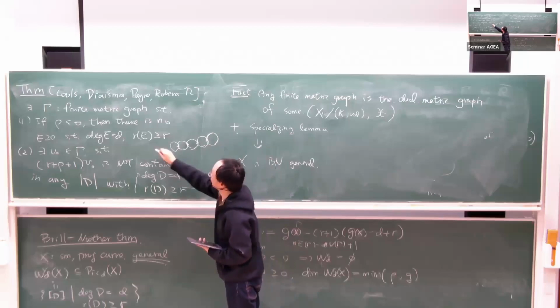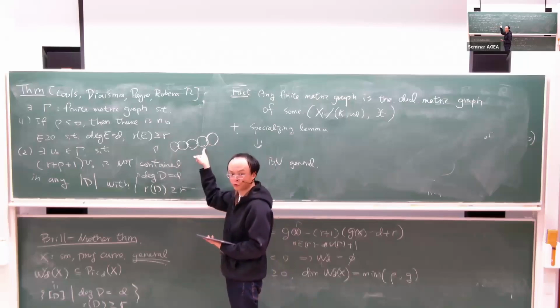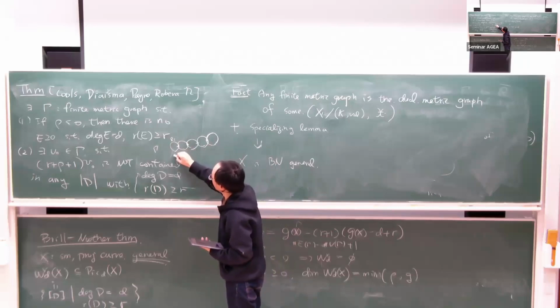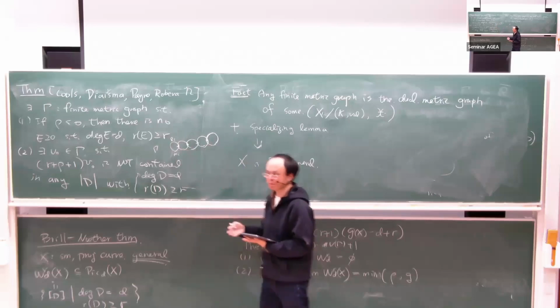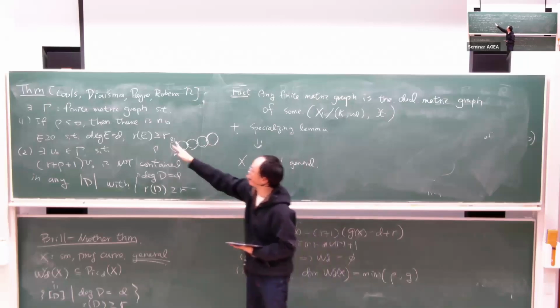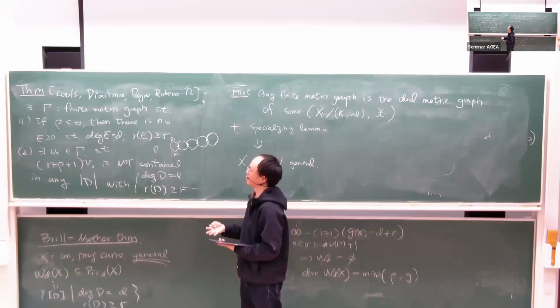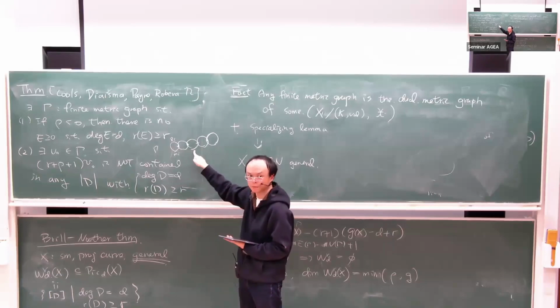So this is your gamma. The number of loops is your genus G, and you need to control the upper length and the lower length. If the ratio of the upper length and the lower length is in some general range, then you can argue that it is a Brill-Noether general metric graph.